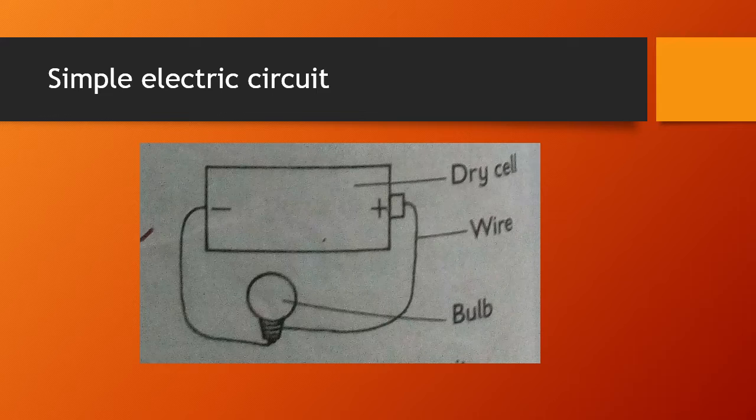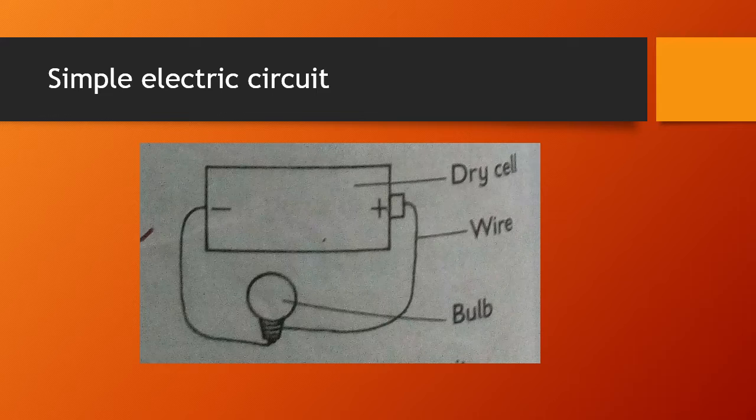Symbol electric circuit. An electric circuit is a path made of wire along which electric current flows. An electric circuit consists of 1, a source of electricity, which can either be a cell or a battery; 2, a bulb; and 3, a wire.